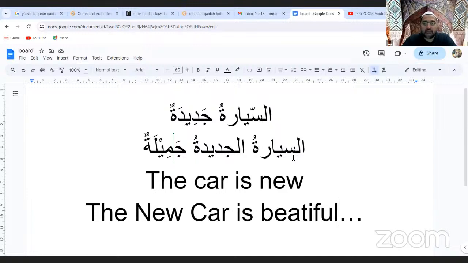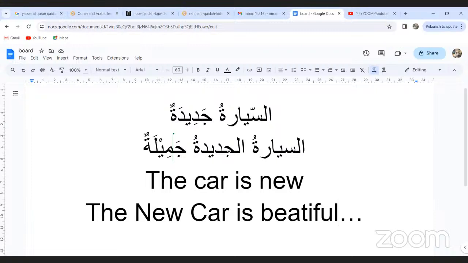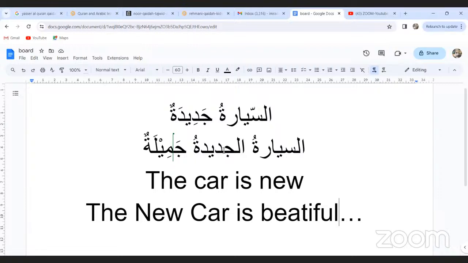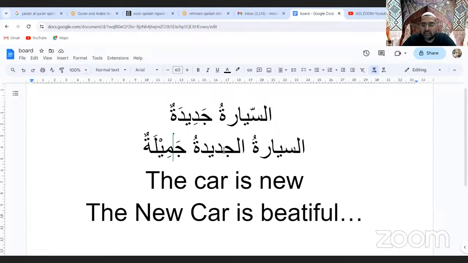Now, when we say the new car, the word jadidatu becomes with alif lam because it's coming in a new sentence construction and it's coming as an adjective for the car. As-sayyaratu al-jadidatu. The new car. And what about the new car? That's an incomplete sentence.